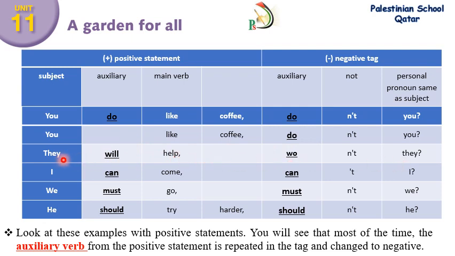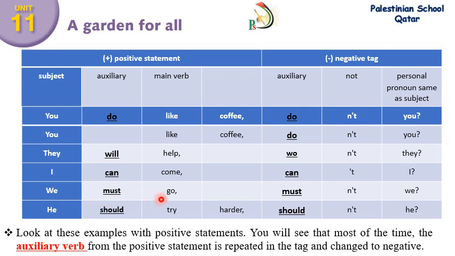They subject, will auxiliary, not negative tag. Okay? I can come, can't I? Look here. Can, auxiliary. Not, negative tag. I, personal pronoun same as subject.